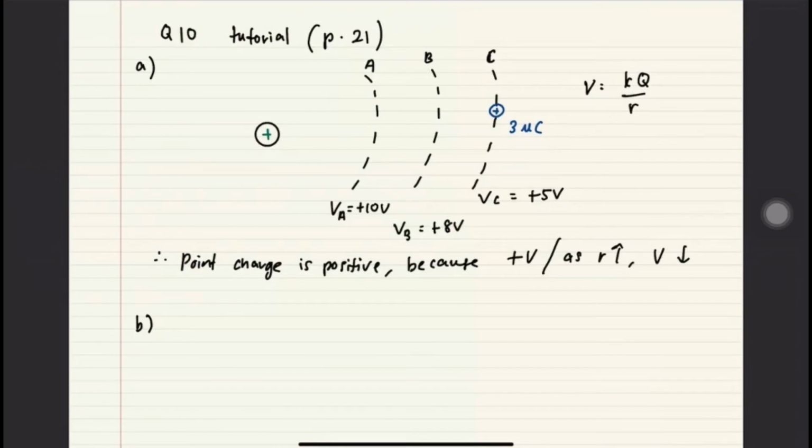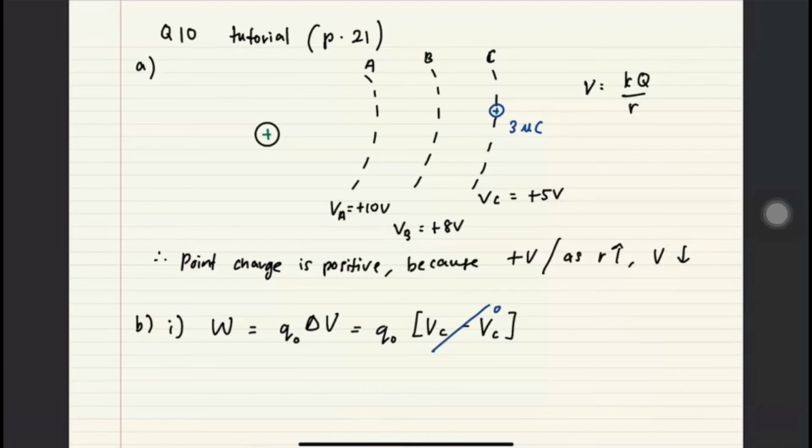Work done, how much? It must be final minus initial. What is the final V: VA, VB or VC? It goes from VC to VC. So the final is VC, minus the initial, which is VC. So the potential is the same, as long as it's on the same line.